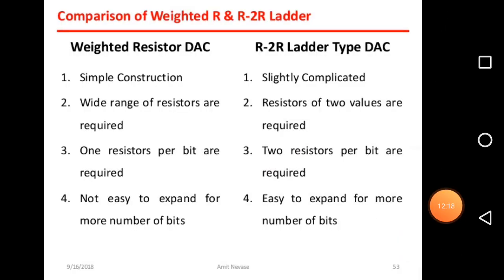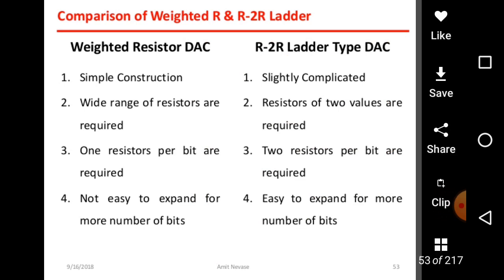Here you can see the difference between the binary weighted resistor DAC and the R-2R ladder type DAC. Binary weighted resistor DAC: simple construction. R-2R: slightly complicated. In the binary weighted DAC, a wide range of resistors is required. In R-2R, resistors of only two values are required.